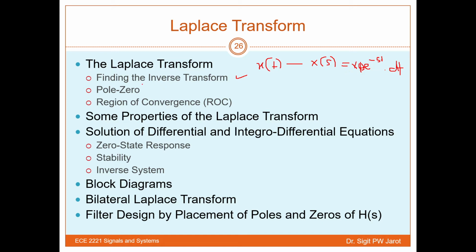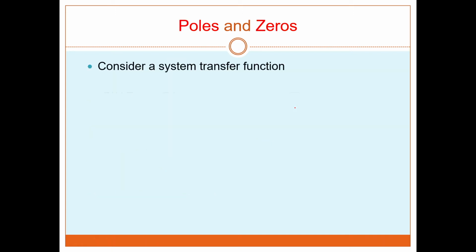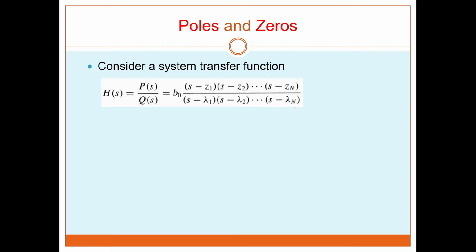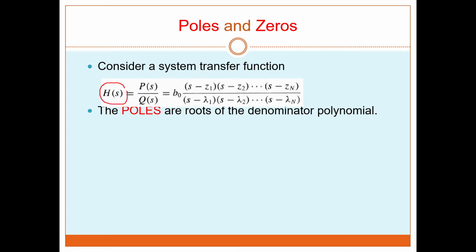Okay, so today we will learn about poles and zeros and also the regions of convergence. Poles and zeros are actually the eigenfunctions of a system. Most of the time we will identify H(s) as P(s) over Q(s), or in other words, the transfer function, the output divided by the input.